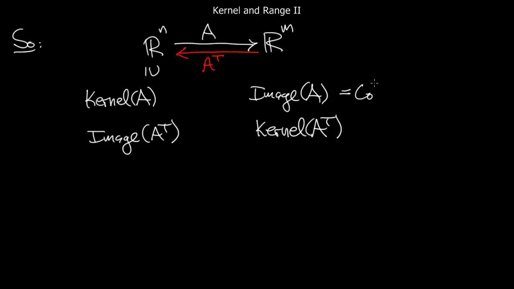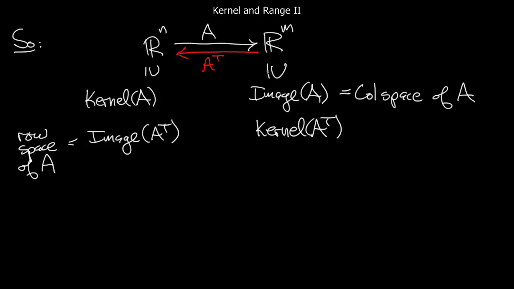So those are the four fundamental subspaces. And I'll remind you that the image you can think of as the column space. So the image of A is the column space of A, and the image of A transpose is the column space of A transpose, or equivalently the row space of A. Okay, so this is a nice picture. You have these four basic subspaces, and they all fit into this picture.